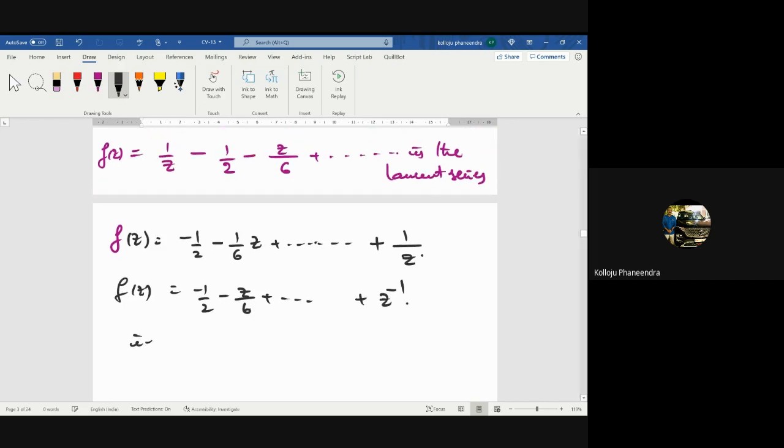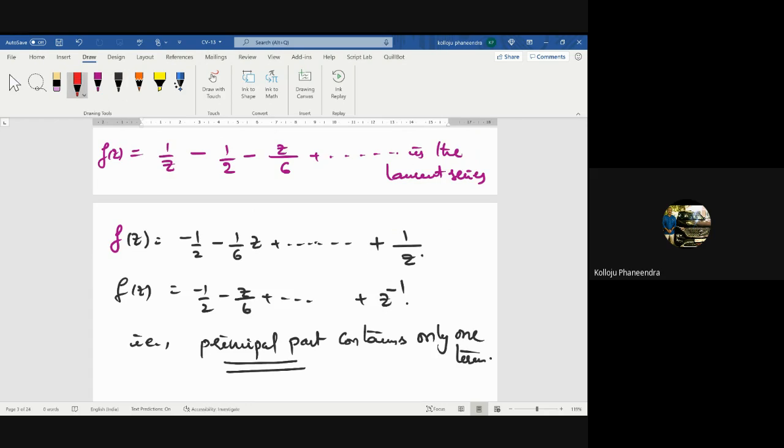That is, the principal part contains only one term. The principal part itself, the negative power series term, is only one term.